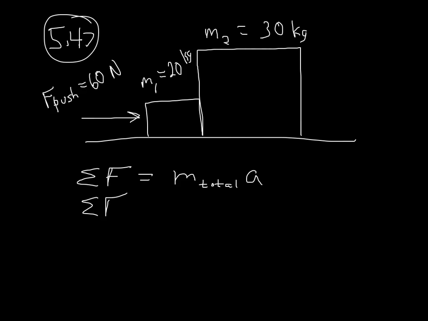I can break this up so that the sum of the forces acting is equal to the total mass, which is going to be mass 1 plus mass 2 times the acceleration. And I can solve this for acceleration to find acceleration is equal to the sum of the forces that are acting divided by mass 1 plus mass 2.